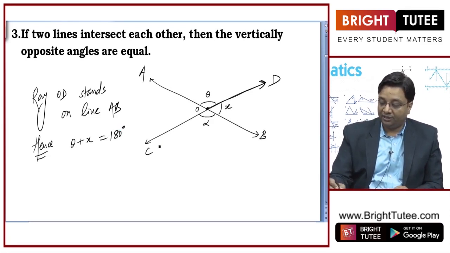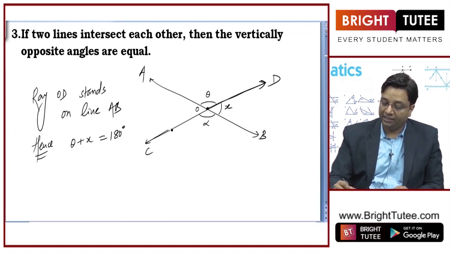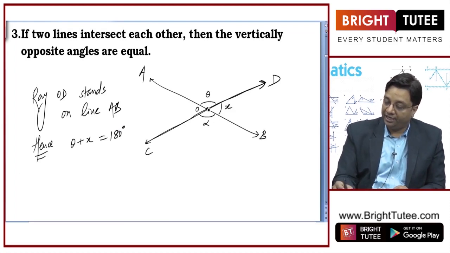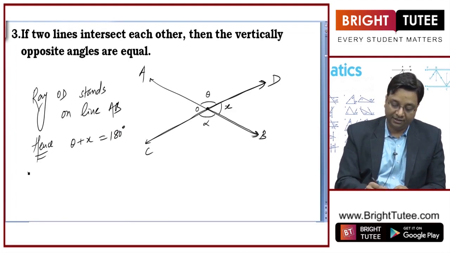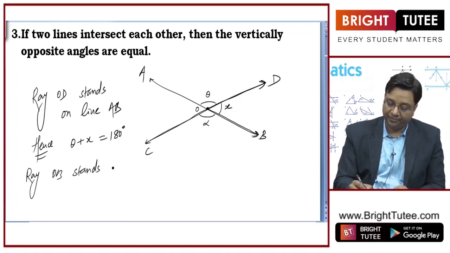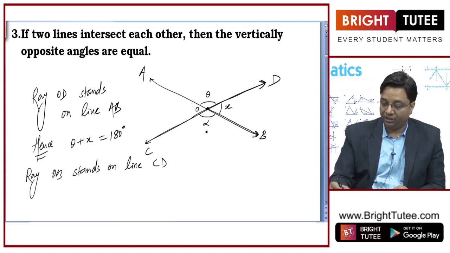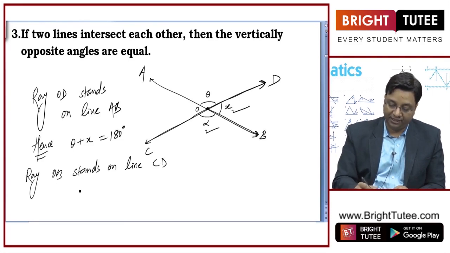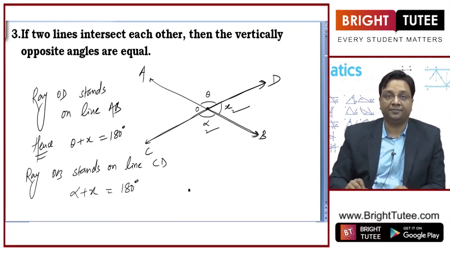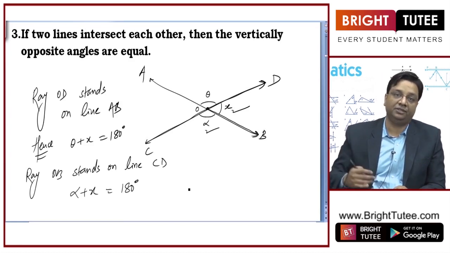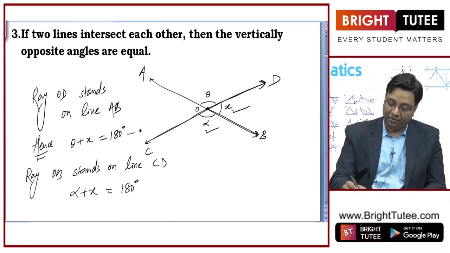Look at the another thing, line CD. Ray OB stands on line CD, right? So the adjacent angles alpha plus x will be equal to 180 degrees using the same theorem that we just proved. Now compare these two, 1 and 2.